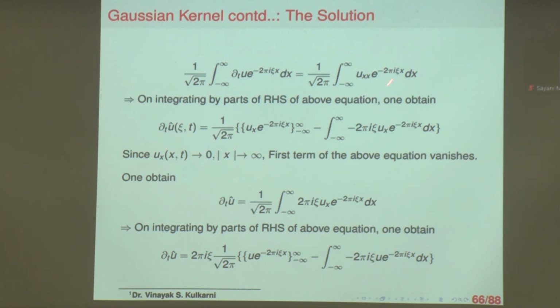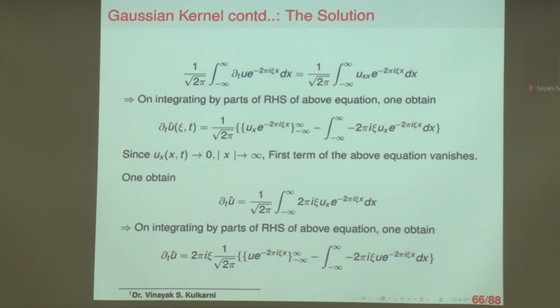And here, of course, I will have to simplify this equation like what we did in the last problem, using integration by parts. Integration by parts means the integration of the first term, that is u_xx, gives u_x, the second term stays as it is, and this is free from integration now, evaluated from minus infinity to plus infinity, minus the integral of the integrated function, that is u_x, and the derivative of the first.